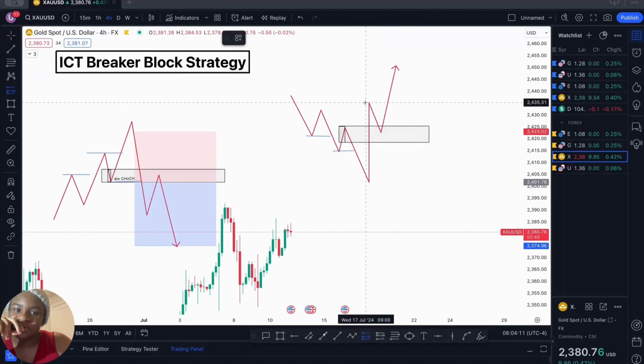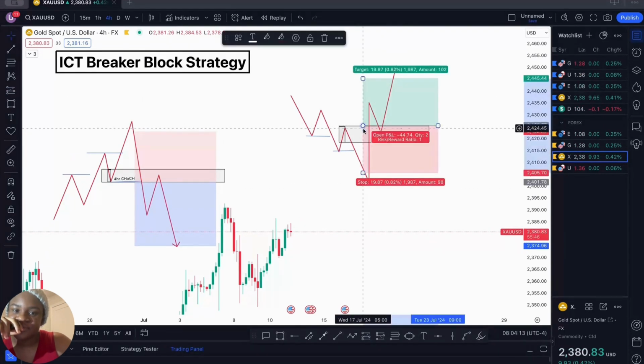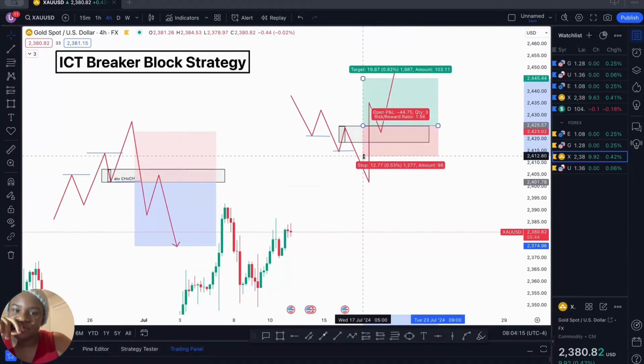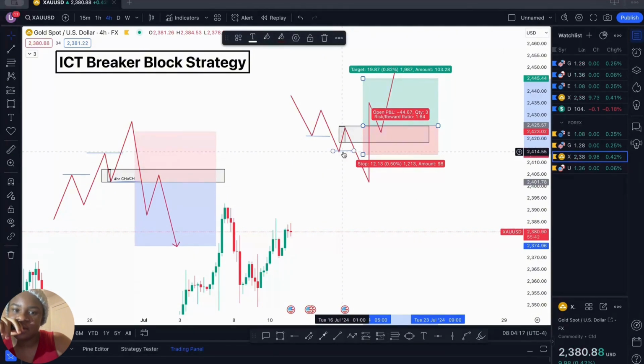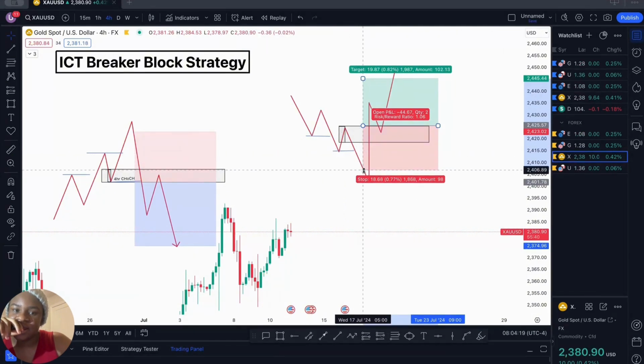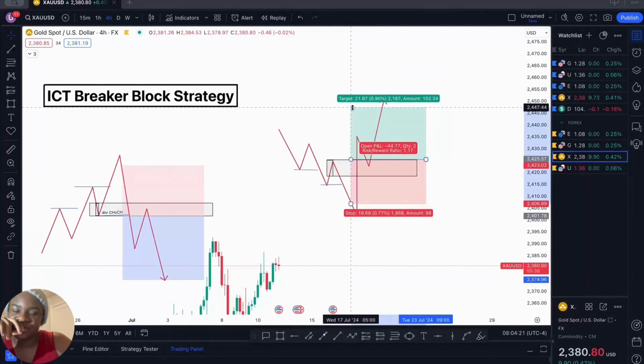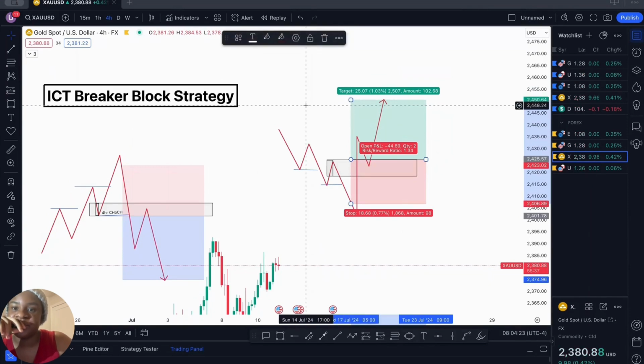You can put in your long position here. You can put your stop loss above this swing point here, or you can take it down here and have a good risk to reward. It depends on how you want to do your risk to reward, but I'll show you an example in a simpler way to use this.